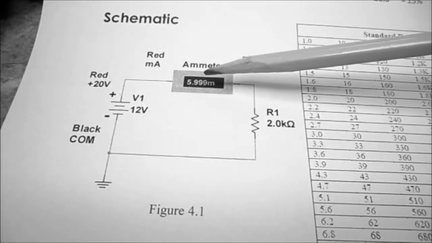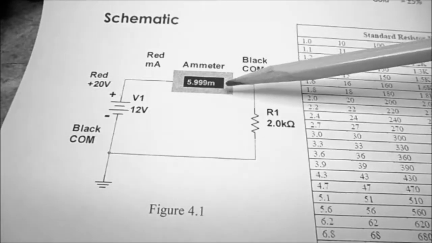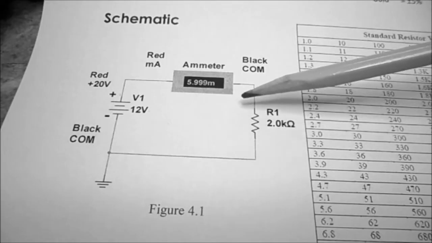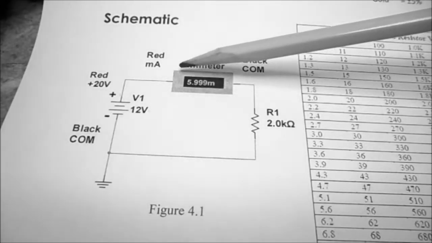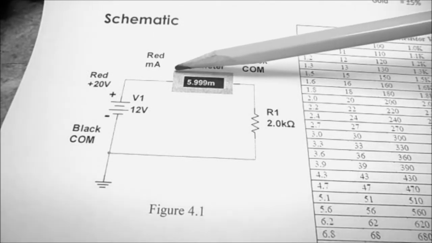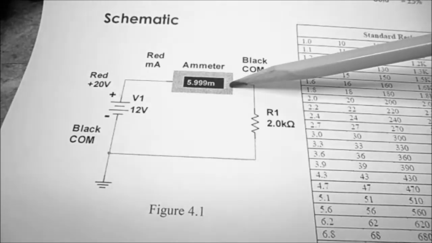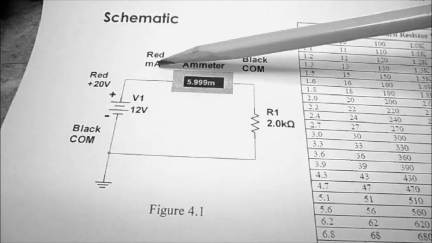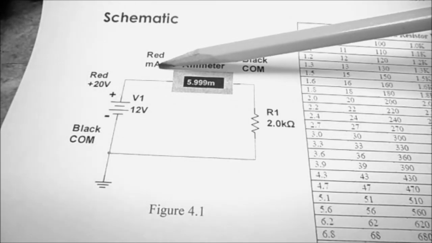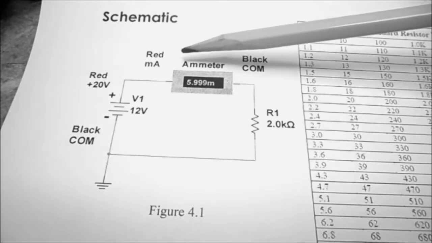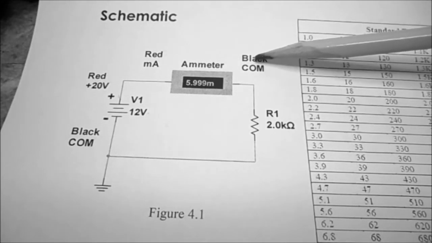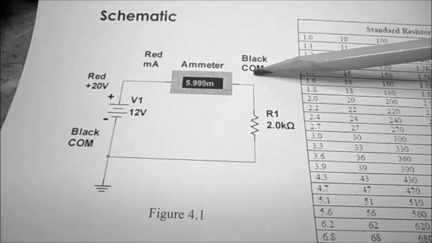We're going to be using an ammeter because we want to check the current that's going to flow through our resistor. On our ammeter, we have a positive side and a negative side. We have the red side, which is a red hole labeled MA for milliamps, and on the other side, the black terminal labeled COM.